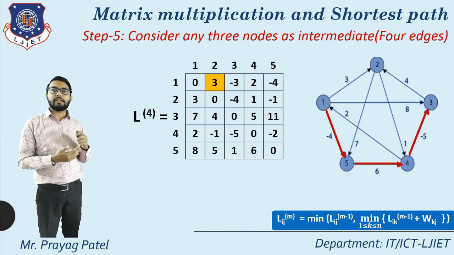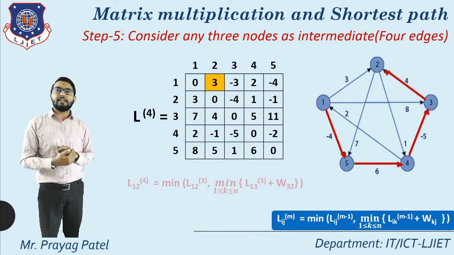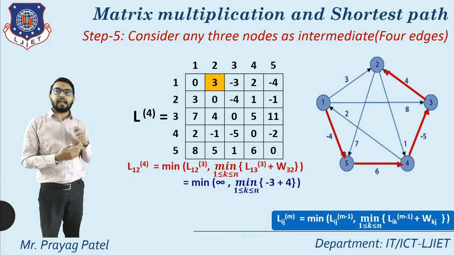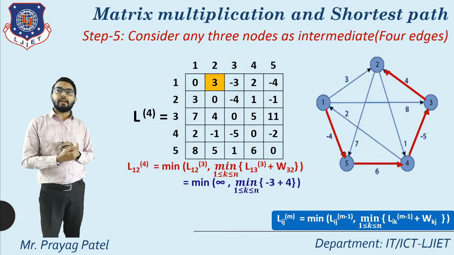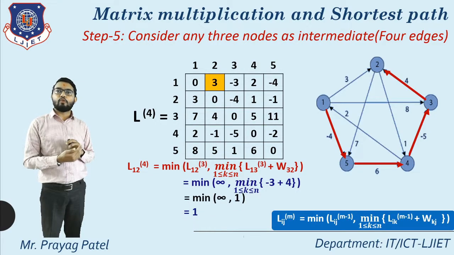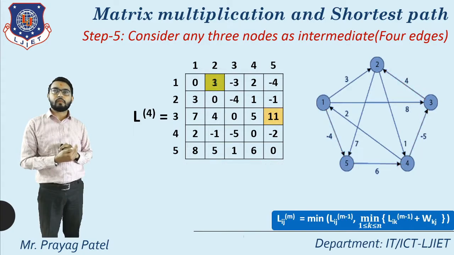The old distance is 3. The new distance is 3 minus 3 plus 4, so the final value is 1. So put the value 1 in location 1, 2, because the old value is 3 and the new value is 1.